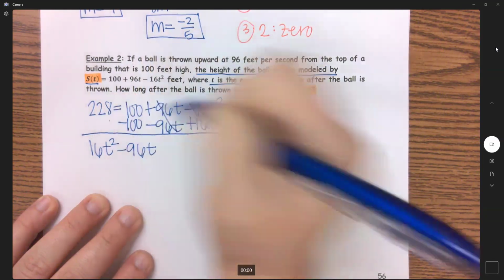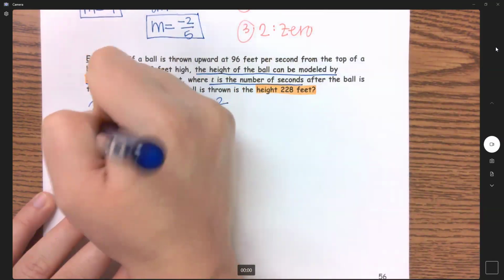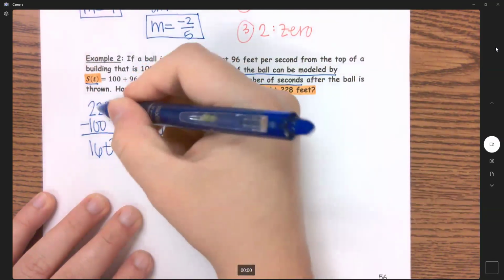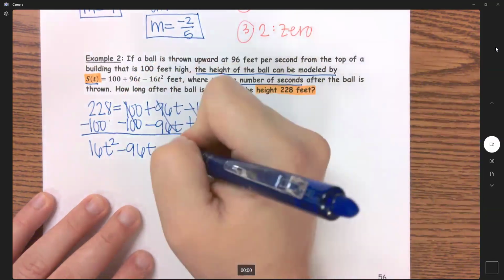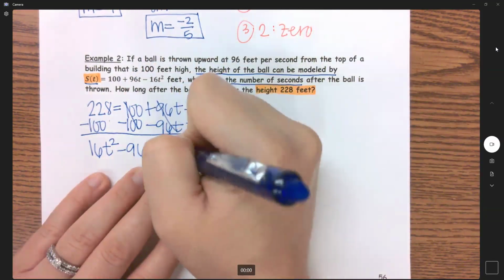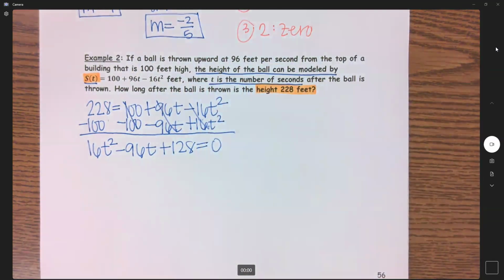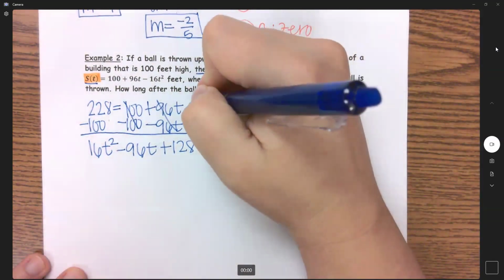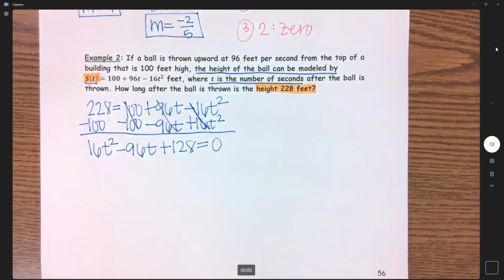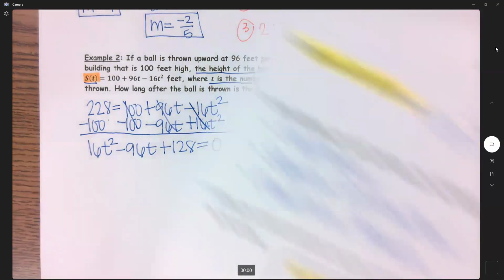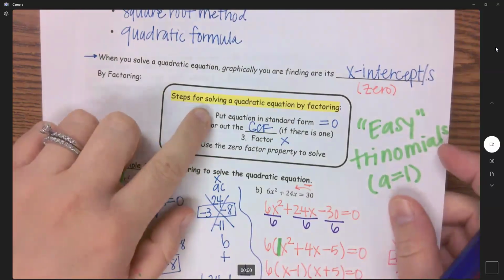And then I will subtract this 100 over, and I will subtract that also from the other side. So 228 minus 100 is going to give me a positive 128. And now I have nothing left since I've moved everything over. Okay, so we have done the first step of putting the equation in standard form.